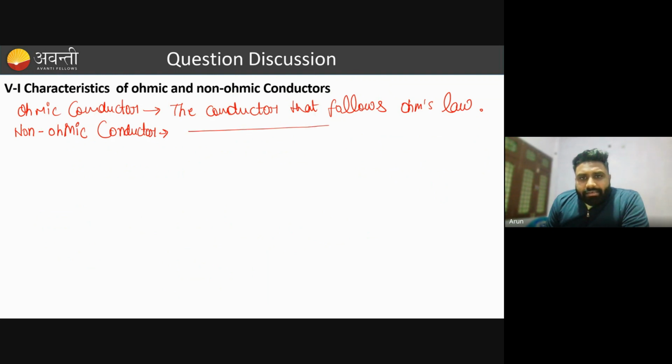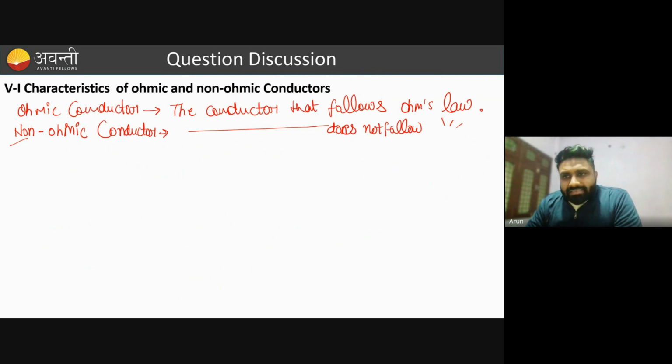The conductor that does not follow Ohm's law is said to be a non-ohmic conductor. If you talk about ohmic conductors, they follow Ohm's law. VI characteristic means the graph between V and I. We will see the variation of voltage and current for ohmic and non-ohmic conductors.